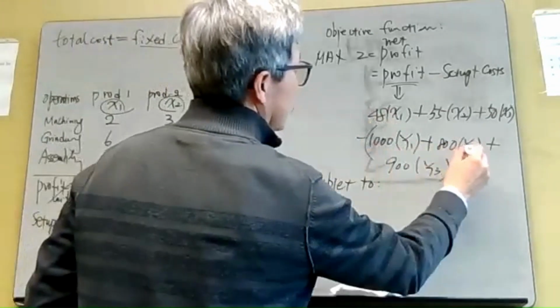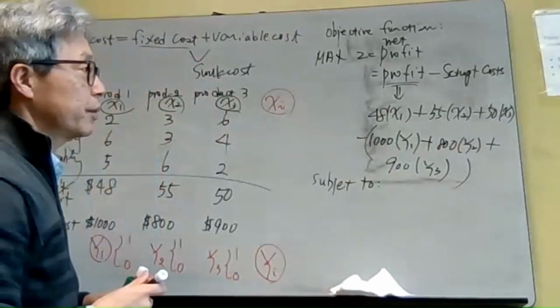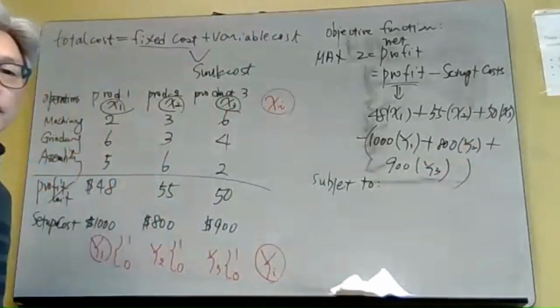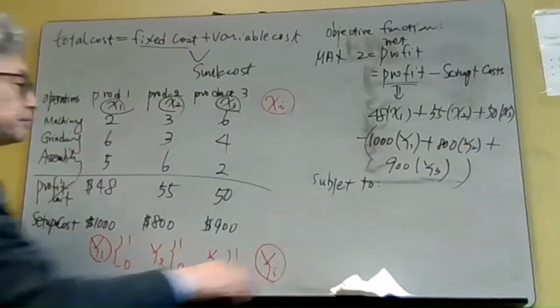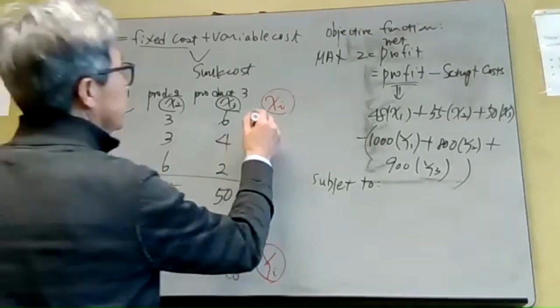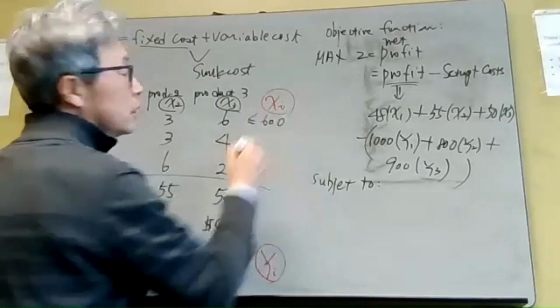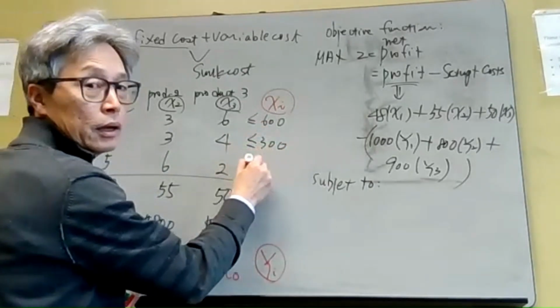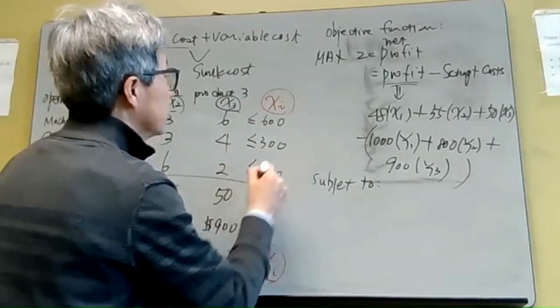I need to have large parentheses, or you may have minus for this. How many hours do you have for machining operation? Have 600, and 300 for grinding and 400 for assembling.